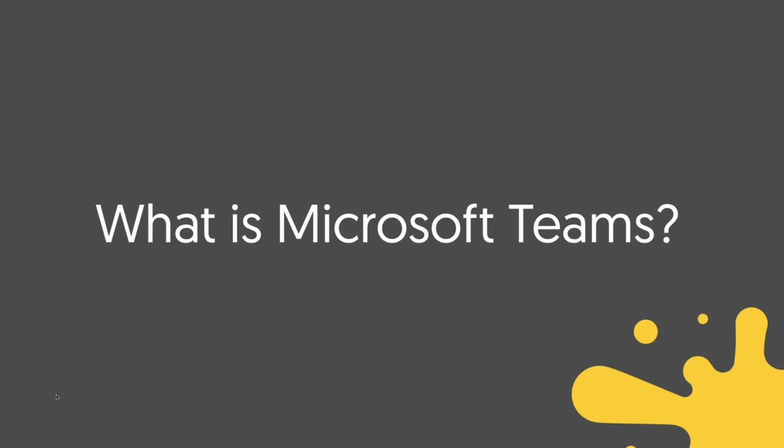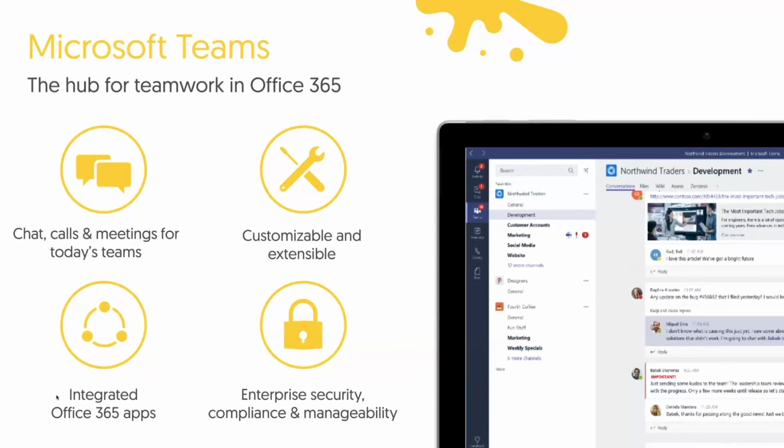So we'll start the presentation now and just take you through a few slides. First and foremost, what is Microsoft Teams? Teams is a communication hub or a communication platform which is basically designed to establish productive teamwork, part of the Office 365 suite and Office 365 platform.